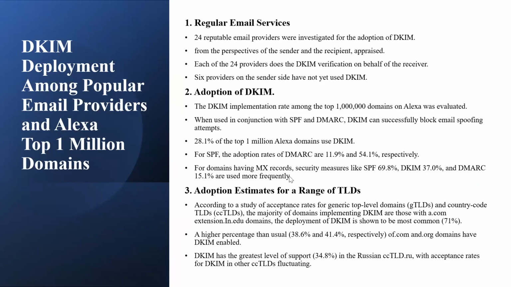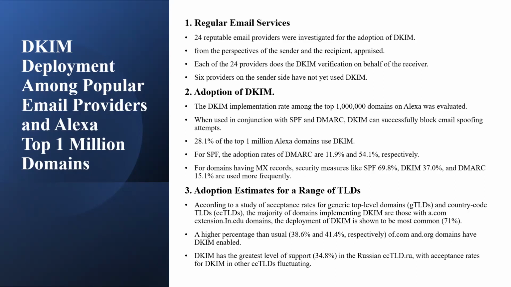The regular email services and DKIM deployment among popular email providers and Alexa's top 1 million domains. In this, for the regular email services, 24 reputed email providers were investigated for the adoption of DomainKeys Identified Mail.